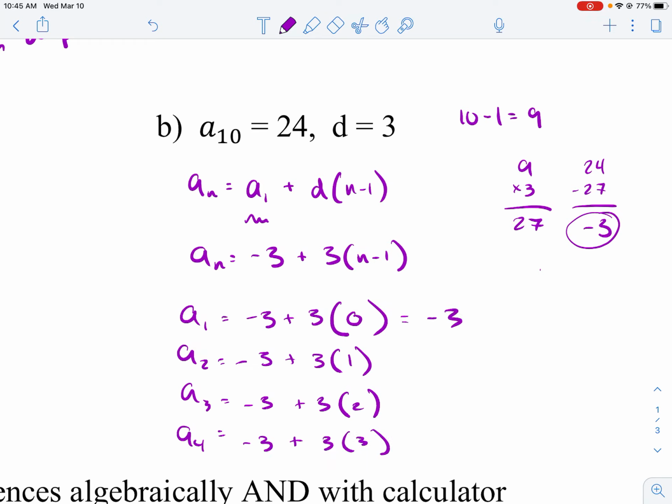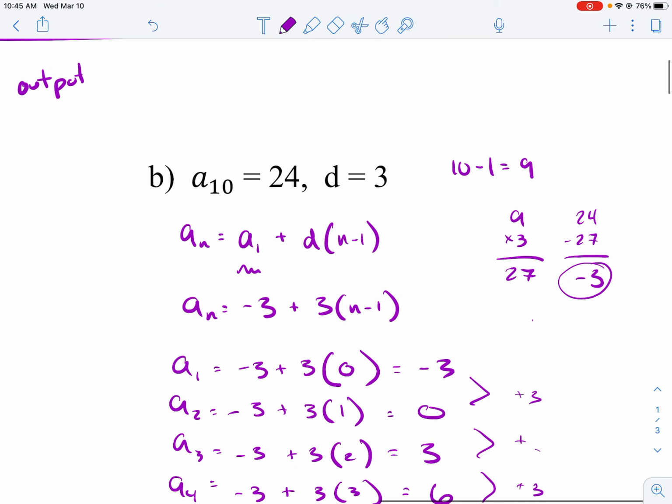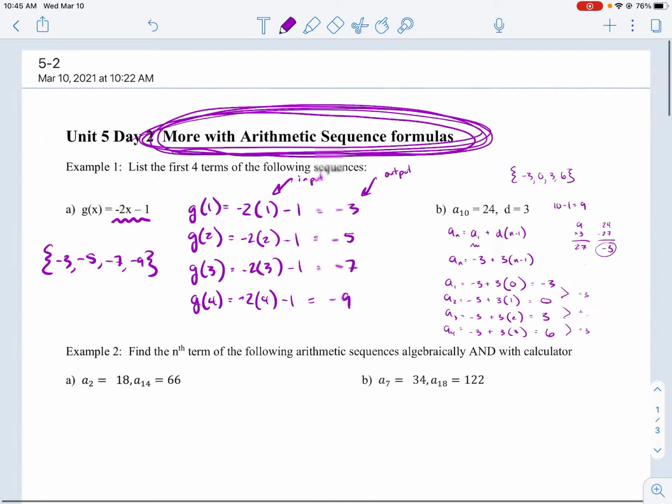So this is going to be negative 3, this is going to be 0, this is going to be 3, this is going to be 6. As you can see, we're going up by 3 each time. And so our list: negative 3, 0, 3, and 6.